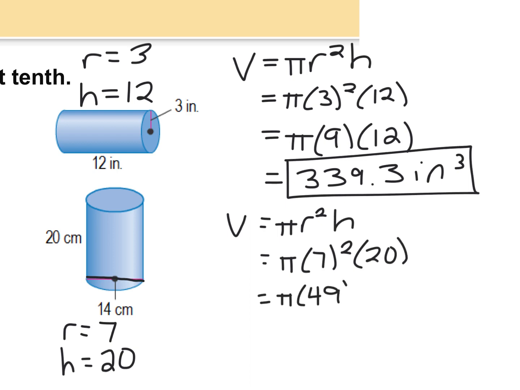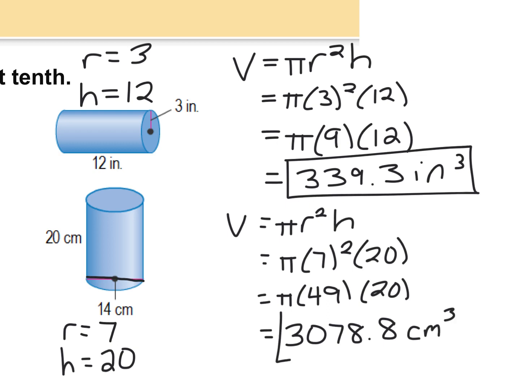And then what do I do with all 3 of these numbers? Multiply them in your calculator. What did you guys come up with? 3,078.76. Yep. And then important label, centimeters cubed. Good.